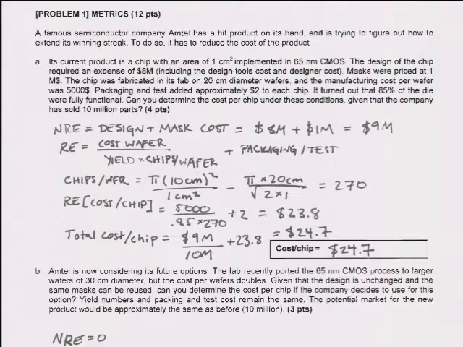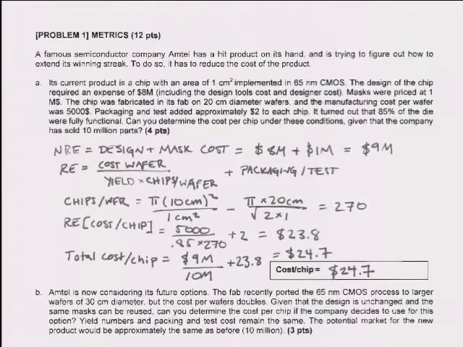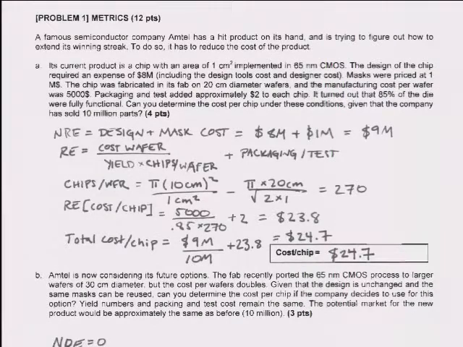Cost of design is some part that's proportional to the number of chips you have, some part is a fixed cost. And the more parts you fabricate, the smaller that fixed cost is going to become per part. So like in this case, the first one, the NRE, the non-recurring expenses, was the design, $8 million plus the mask cost, total $9 million, which is going to be shared over 10 million parts.